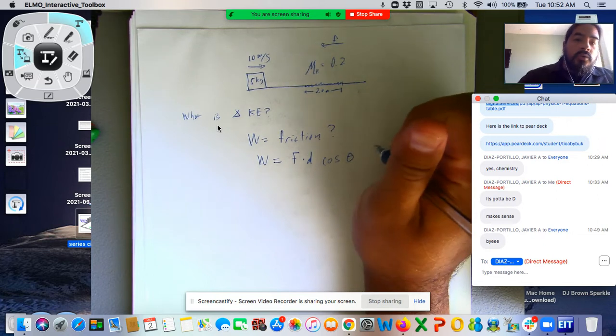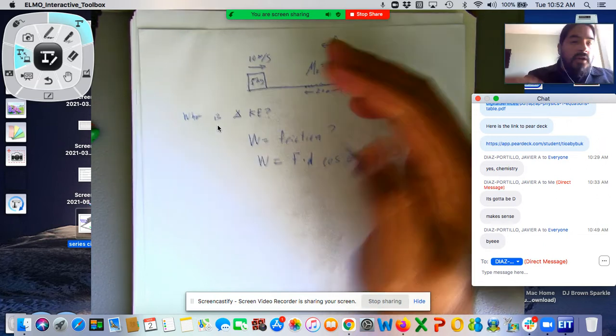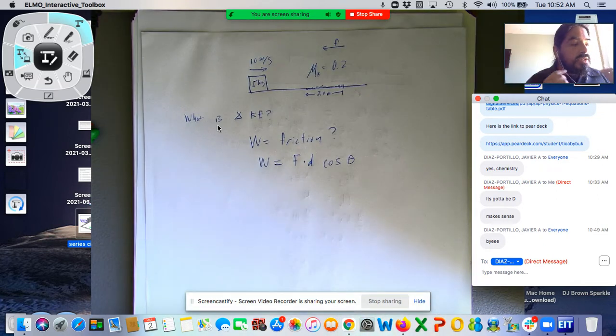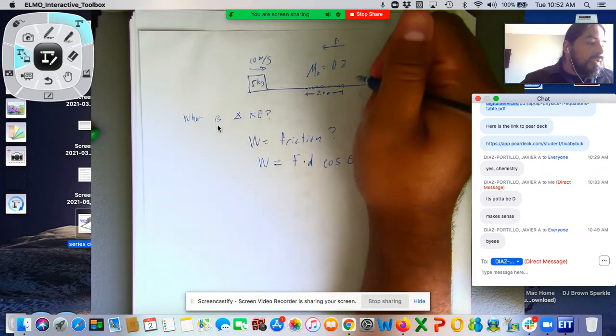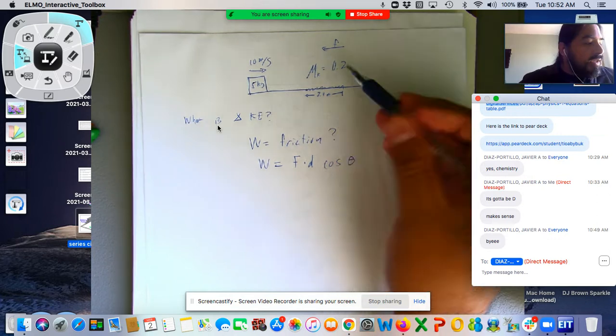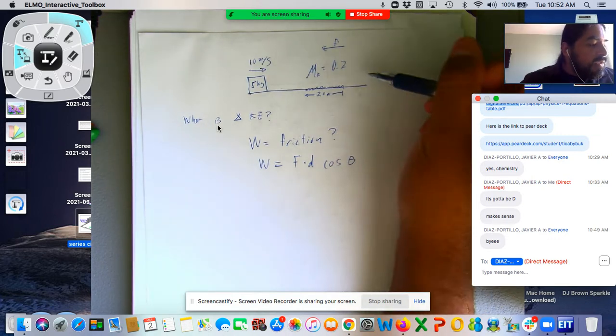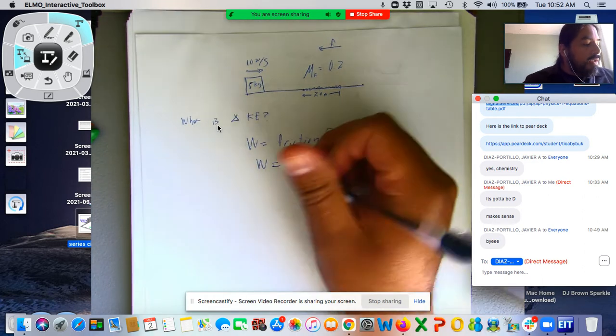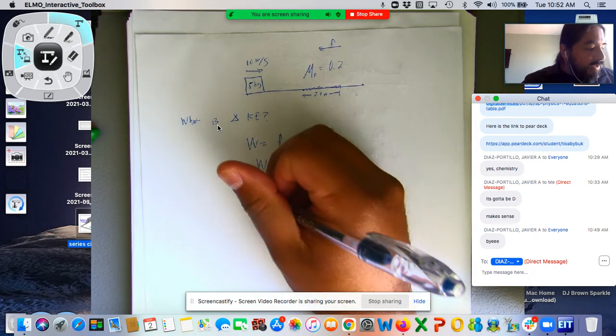I'm going pretty quick here, but if the force is in the same direction or even against the direction of the displacement, you can say that the cosine of zero is one. So in this case the displacement is over here, and friction is this way, so they're parallel, and it's one.